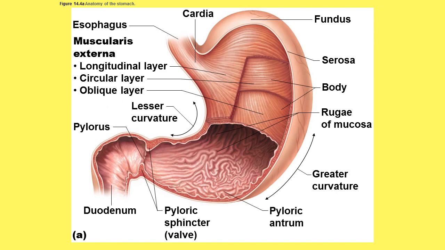As it leaves the stomach, it's very acidic, and we refer to it as chyme, C-H-Y-M-E. The pyloric sphincter is going to open and close and allow only a small amount, about 3 milliliters, out at a time, so that you don't have a sudden influx into the small intestines.